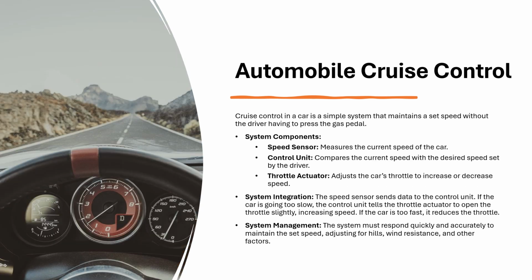So let's take another example, automobile cruise control. Cruise control in a car is a simple system that manages a set speed without the driver having to press the gas pedal. You have this in many automobile systems, where the car runs by some sort of automation.